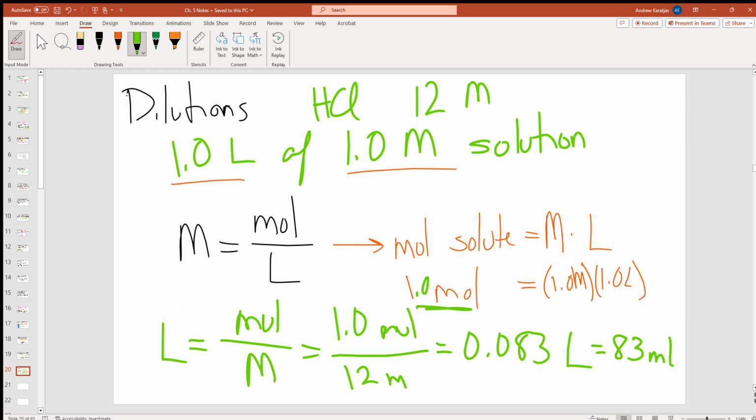And so by considering that, all we have to do now is we can take 83 milliliters of the 12 molar solution. Now we have all of the moles that we already need, and then add enough water to make that solution now no longer 83 milliliters, but 1 liter.